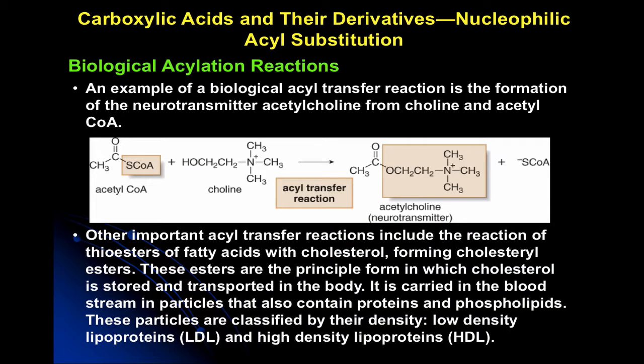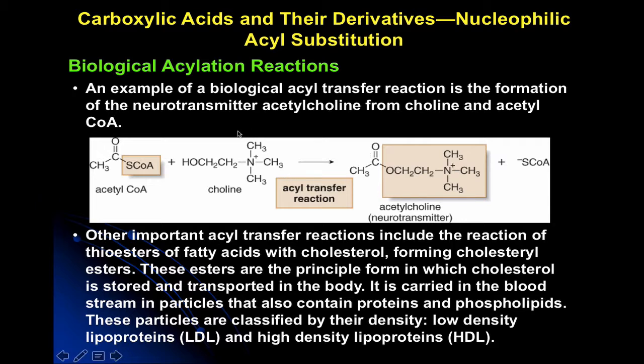So for example, acetylcholine is a neurotransmitter. But you know what? You really don't want acetylcholine to build up in large concentrations in the human brain. It will cause you to basically, kind of go crazy if you had large excesses of this neurotransmitter in your tissue. And so the human body makes this as needed.